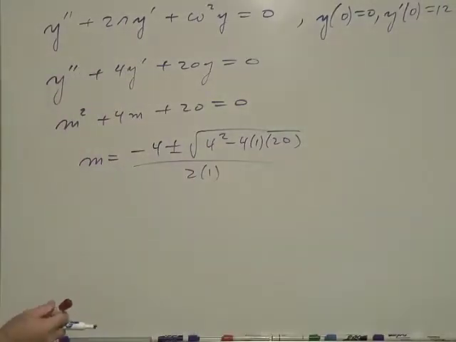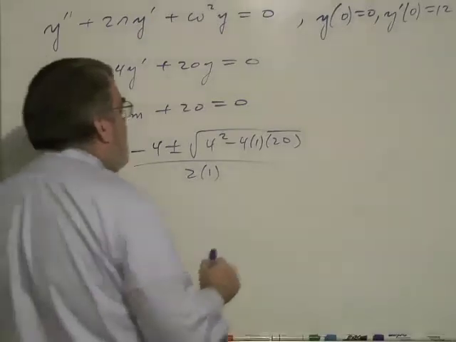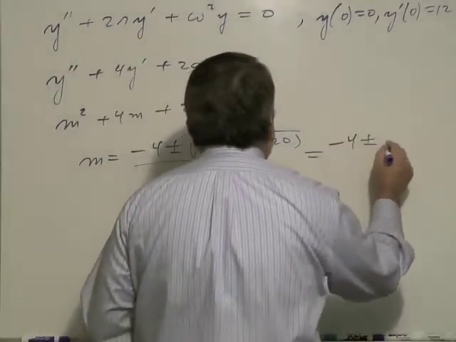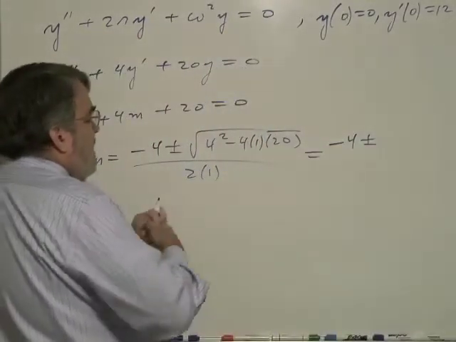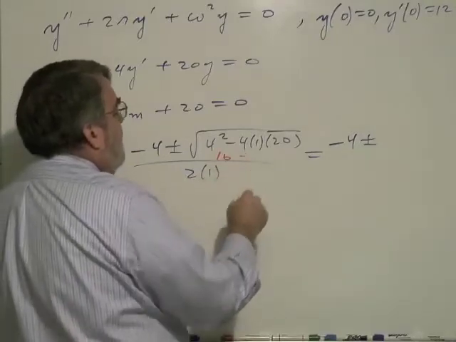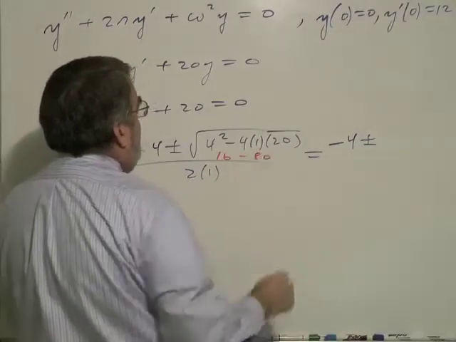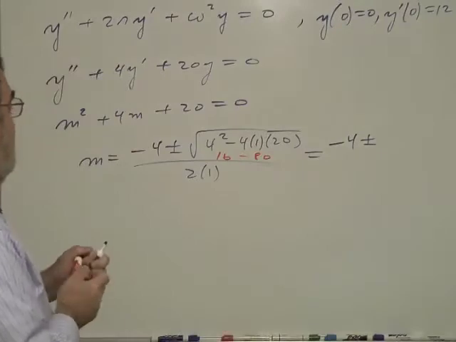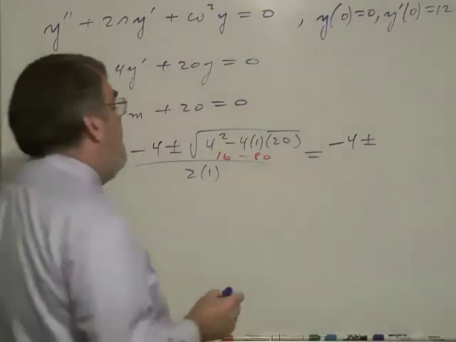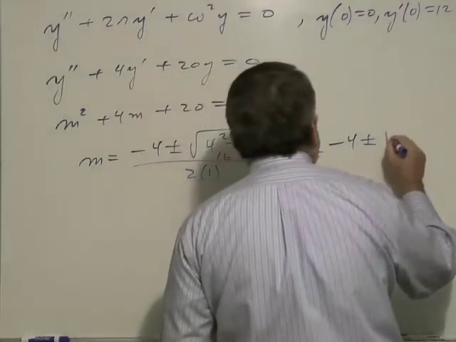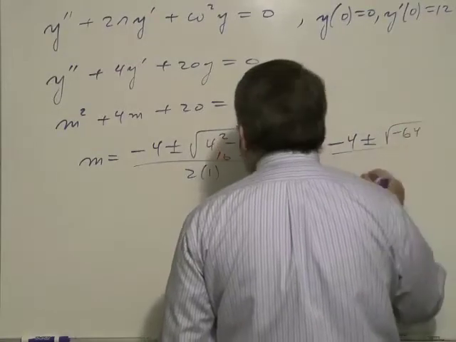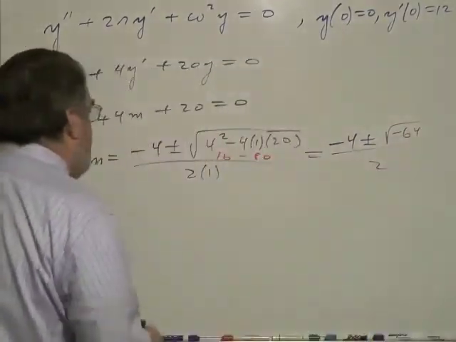This is going to be negative 4 plus or minus the square root of 16 minus 80, which is minus 64, divided by 2.